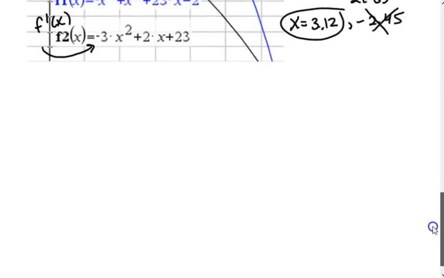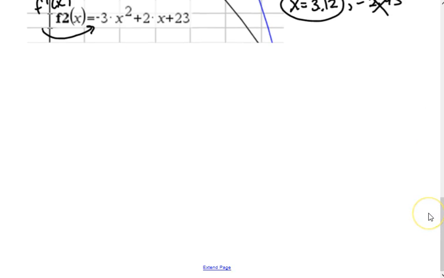Now, another example in physics. If you've taken physics, you may have seen an equation that looks something like this.